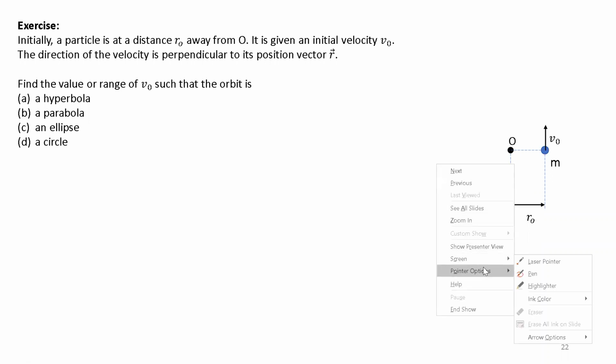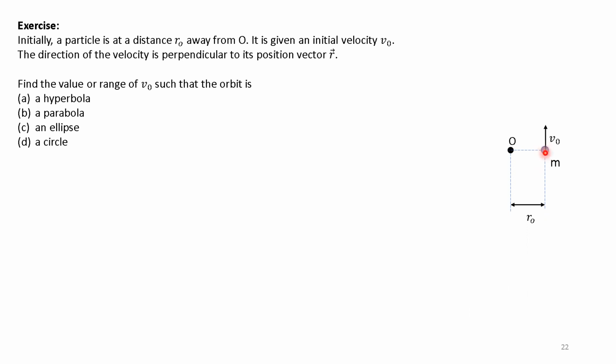You can see that the initial velocity v naught is perpendicular to the position vector r over here.